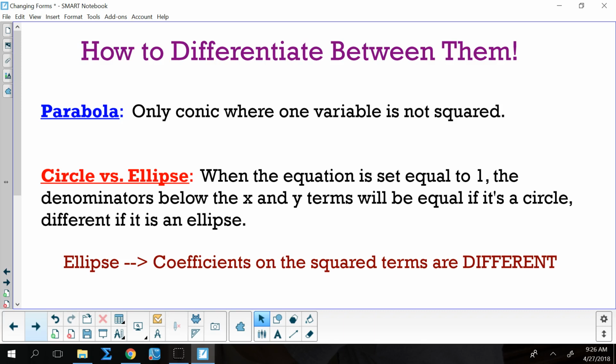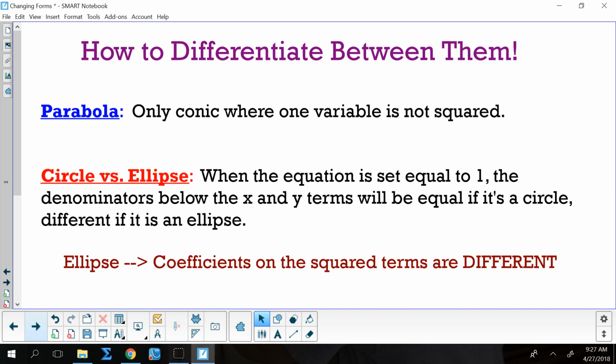In a parabola, you either have x squared and then a linear y, or you have a y squared and a linear x. Okay? That's the easy one. Parabolas. Okay? Only one squared term. So as you're looking at your equation, if you only see one squared, that's a parabola.